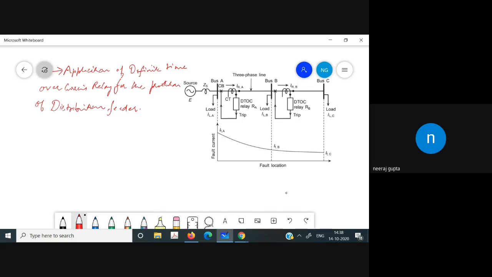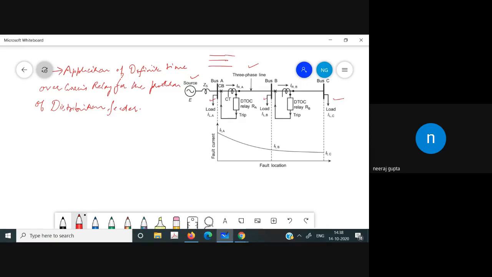So how do you know the distribution feeder? We have a source and we have the load at different buses. So this is the distribution feeder. This is the single phase representation of a three-phase feeder. What happens if our system is balanced?